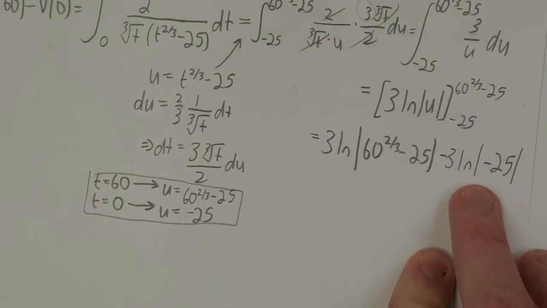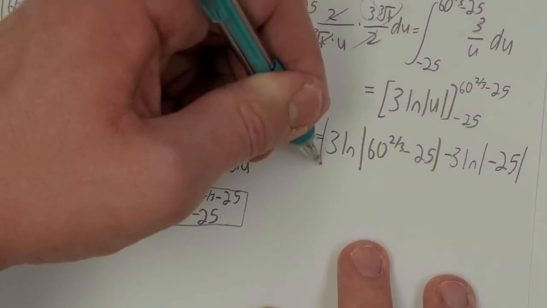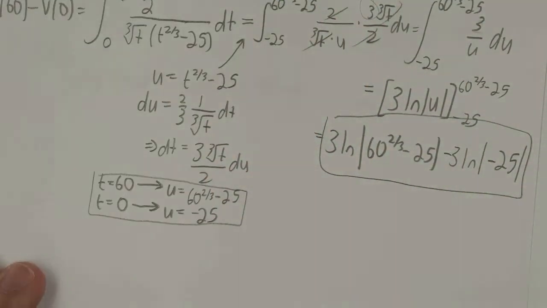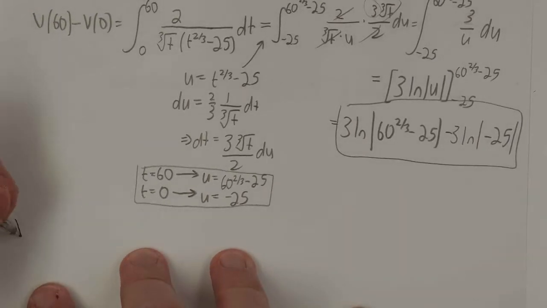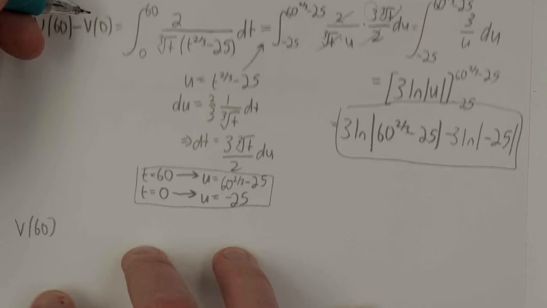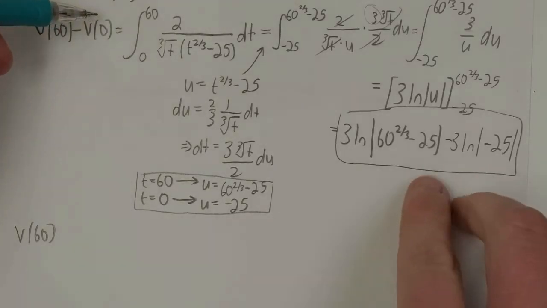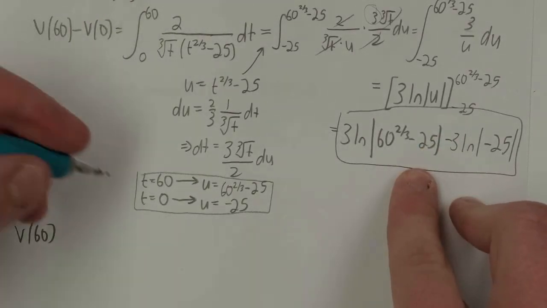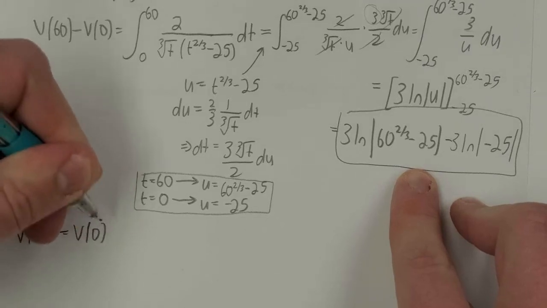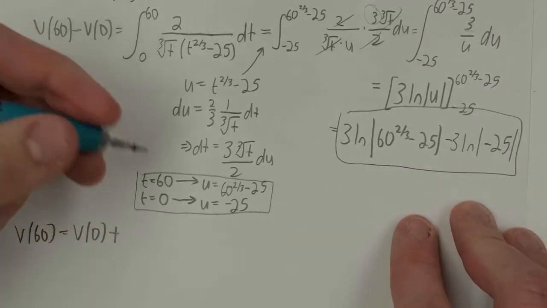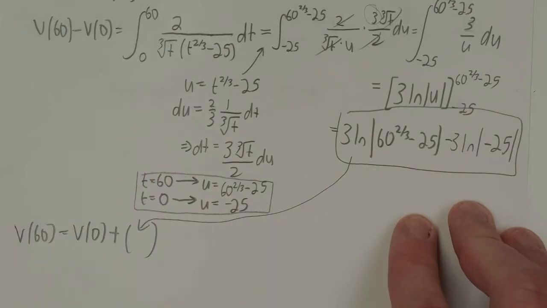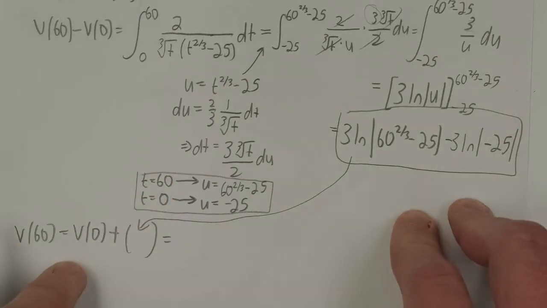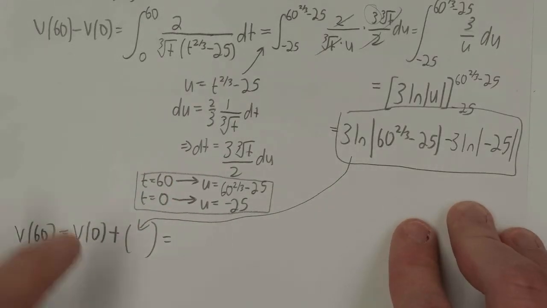So now that we have the value of this definite integral, that then says, okay, at the end of the day, that means v of 60, if we add v of 0 to the other side of this exact value, we then have v of 0 plus, well, all this. Okay. So as an exact value, well, v of 0 was 15,000 as we established.